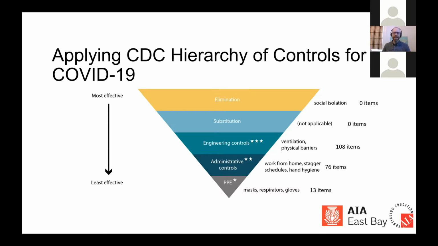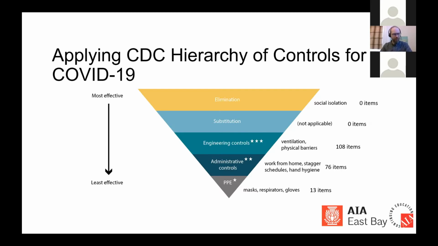Ideally, it wouldn't even be in the same environment with you at all. And so, according to the Centers for Disease Control, social isolation is the most effective way of doing this. If we can eliminate coming in contact with anyone with the virus, that would be number one.